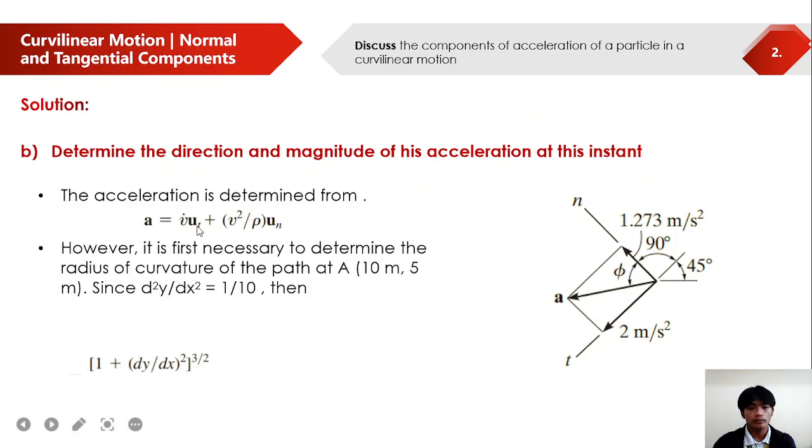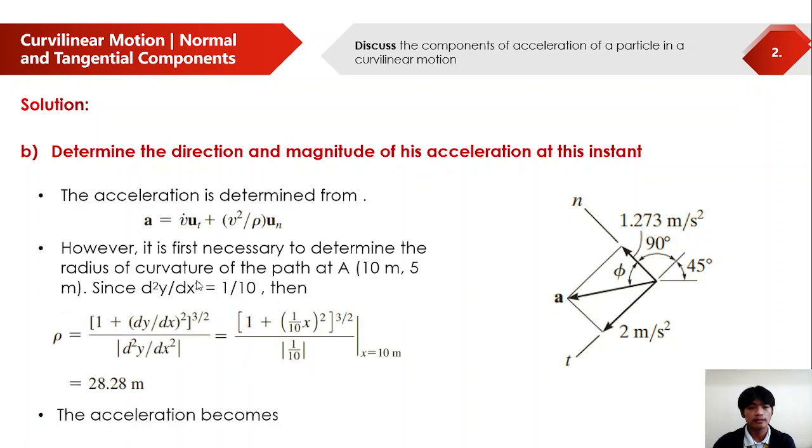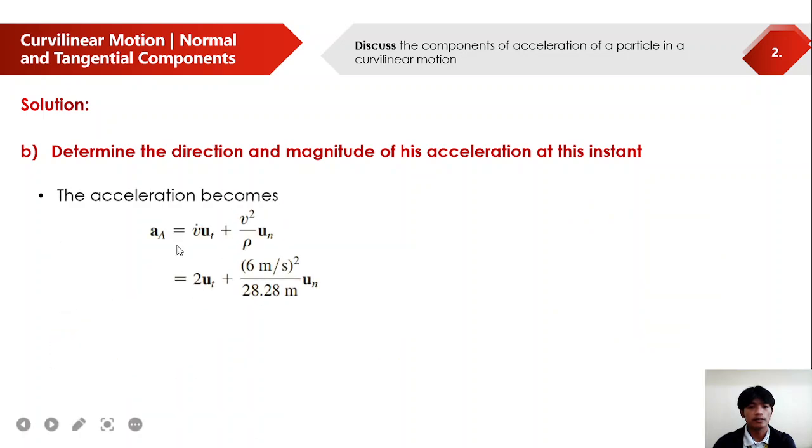So solving for that, it becomes 2 u sub t plus 6 meters per second squared, all over 28.28, the rho that we solved. Therefore, your final acceleration vector is 2 u sub t plus 1.273 u sub n meters per second squared.